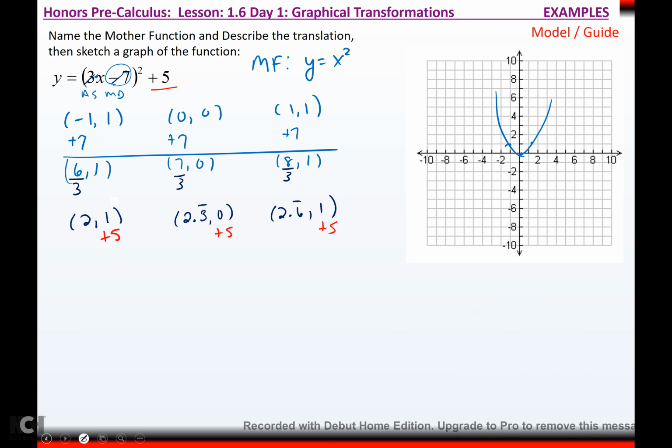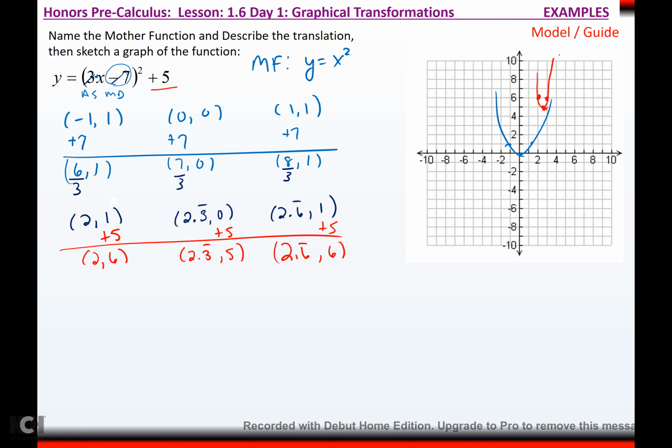I get 2, 6. I get 2.3 repeating, 5, and I get 2.6 repeating, 6. Alright, so if I plot those points, I'm going to have 2, 6, 2.3, 5, and 2.6, back at 6.